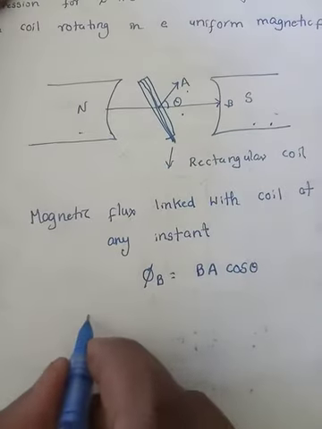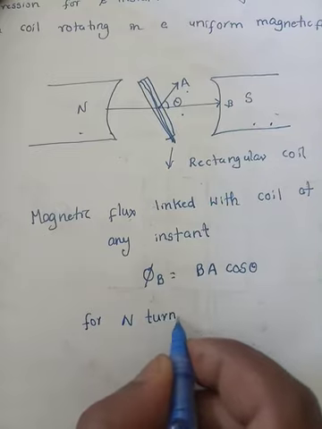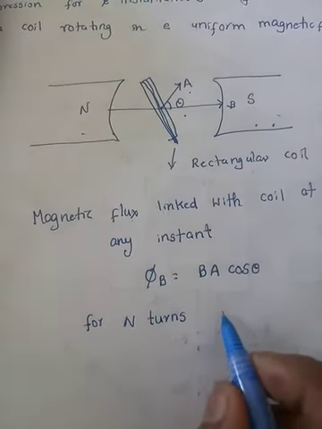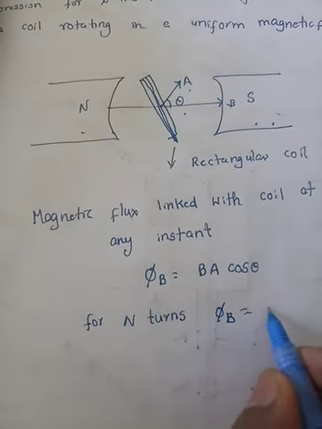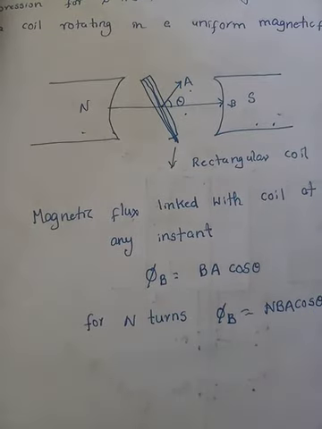Now, for n turns, the magnetic flux linked increases, n Phi B equals N B A cos theta.